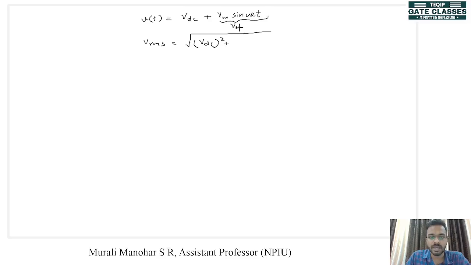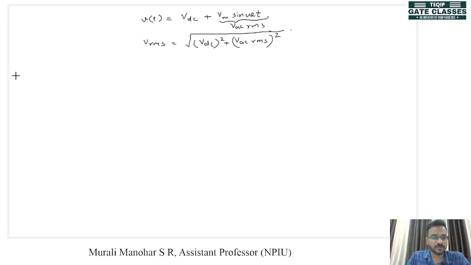I call it VAC RMS. The RMS value of Vm sin omega t is called VAC RMS, so VAC RMS square. This is the RMS value of a signal that contains both DC and AC signals.